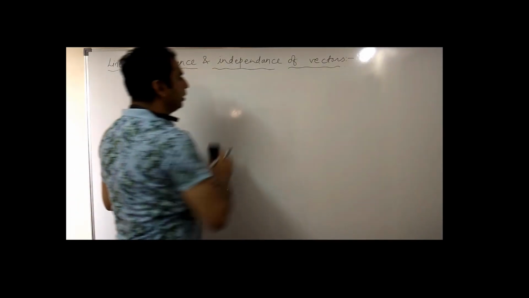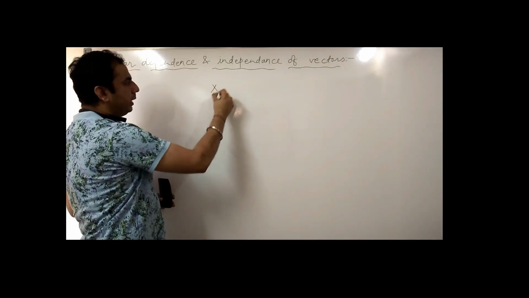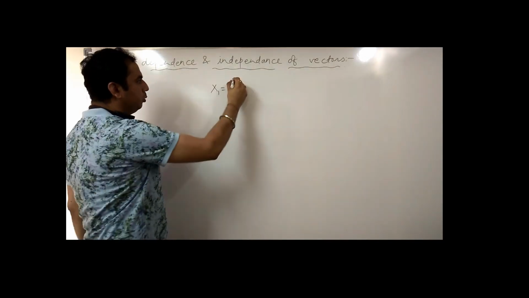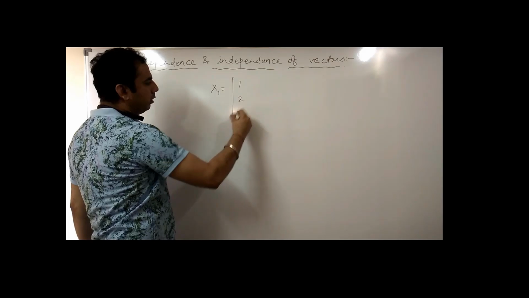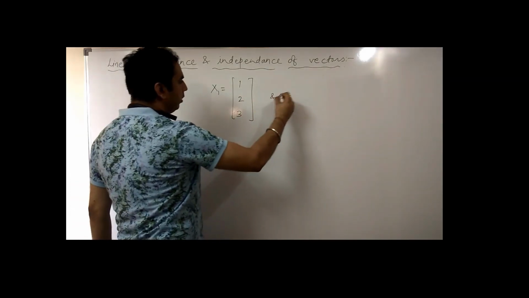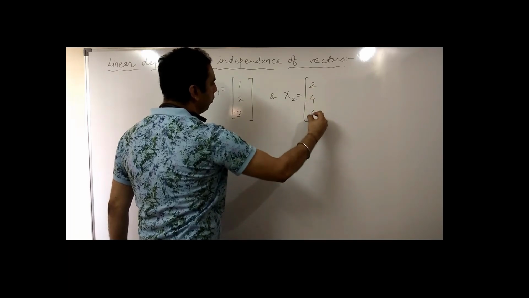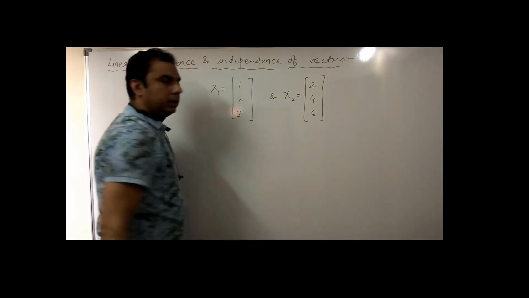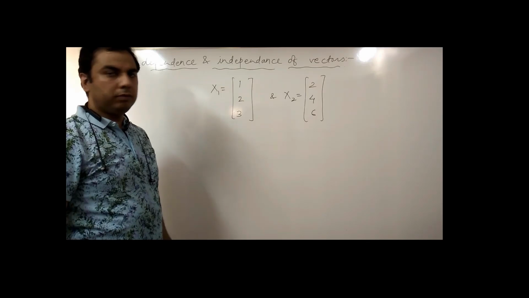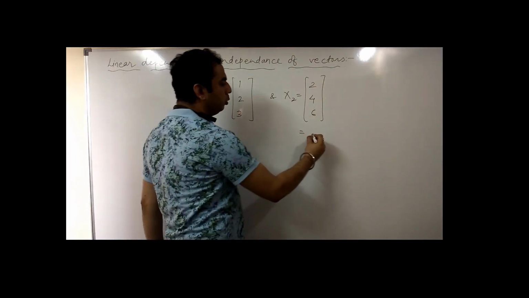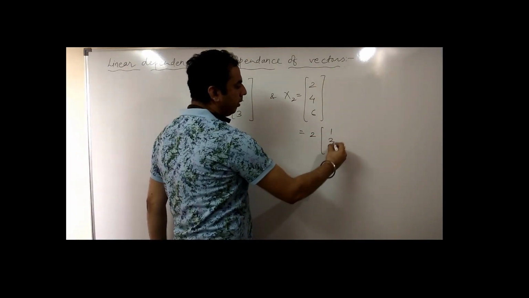For this, suppose I am considering X1 equal to 1, 2, 3 and X2 equal to 2, 4, 6. Then from X2 we can observe that we can take 2 common from this matrix, 1, 2, 3.